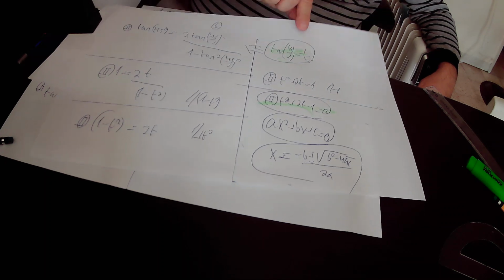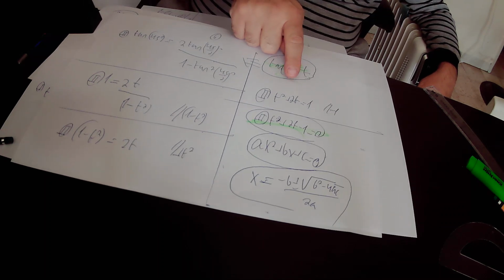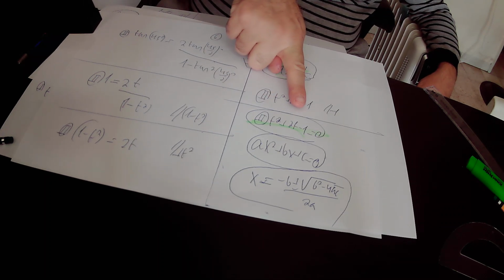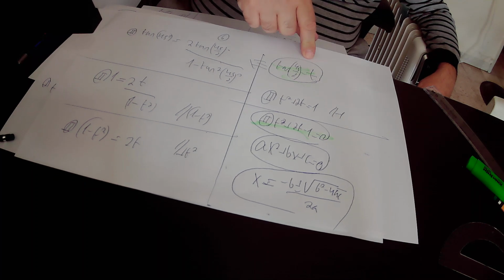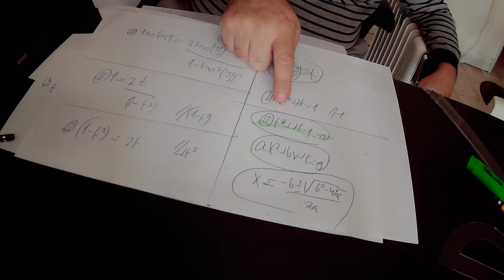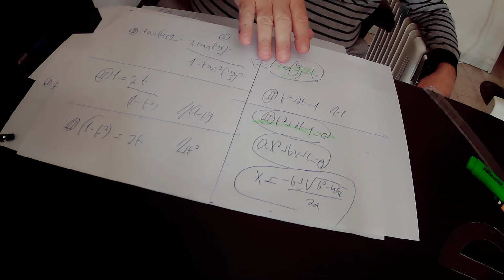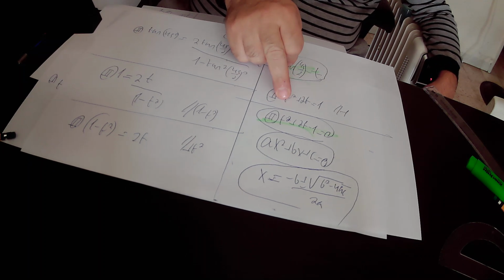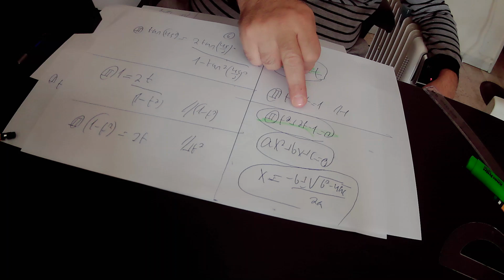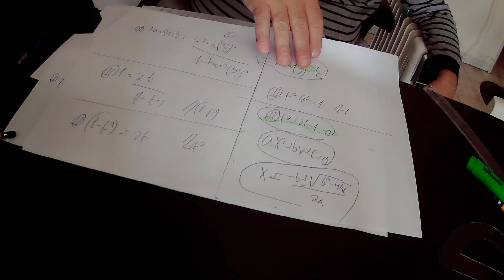In our specific quadratic equation, t squared plus 2t minus 1 equals 0, the variable that we are looking for is t. So x equals t, the coefficient a equals 1, the coefficient b equals 2, and the coefficient c equals minus 1.